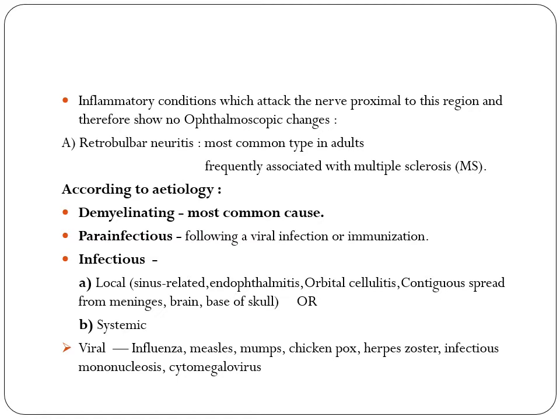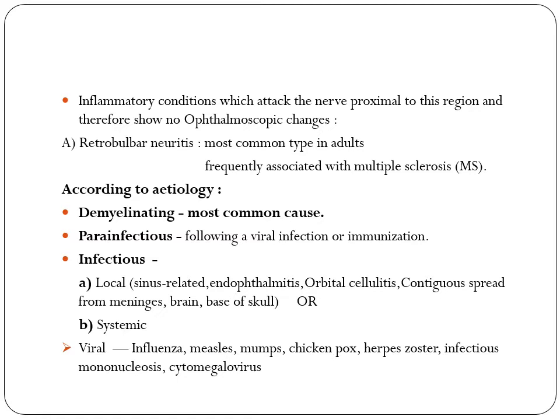Now, inflammatory conditions which attack the nerve proximal to this region and therefore show no ophthalmoscopic changes, we call retrobulbar neuritis. Retrobulbar neuritis is a type of optic neuritis where the inflammation attacks proximal to the lamina cribrosa.